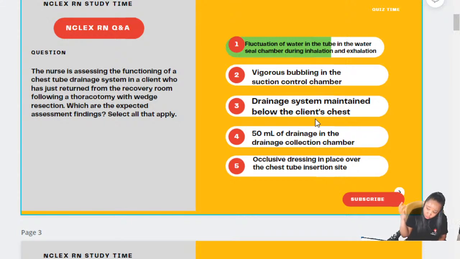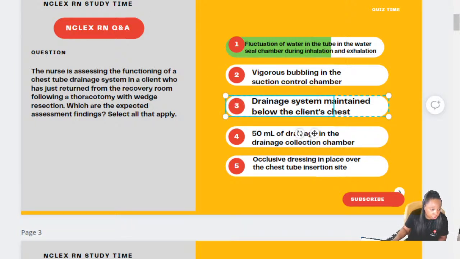That way the fluid can go down from the chest, because the patient is positioned higher. That's the reason we have to make sure we put the drainage system below the patient chest. So we will choose this one also.